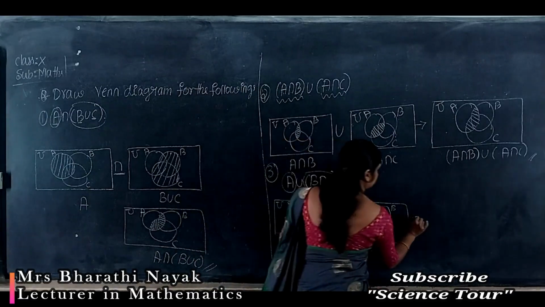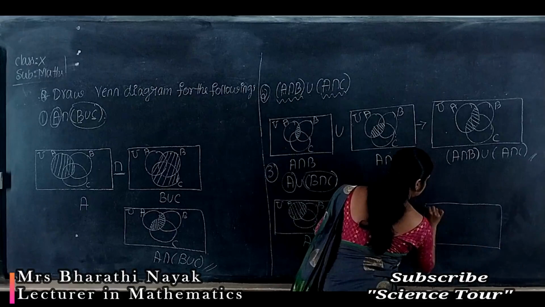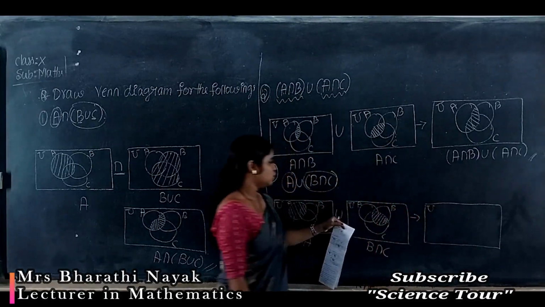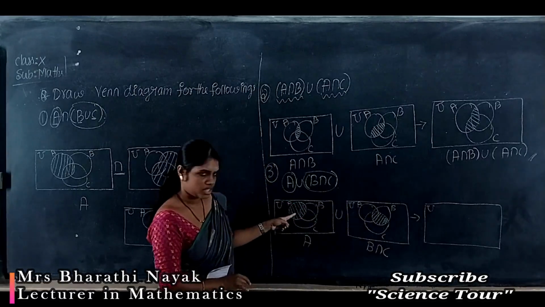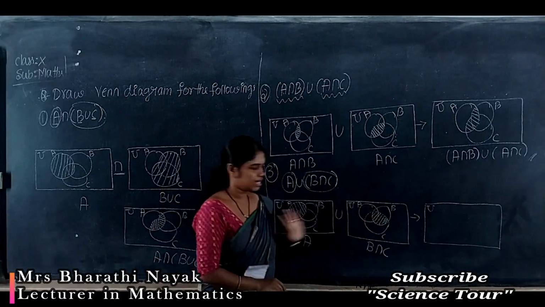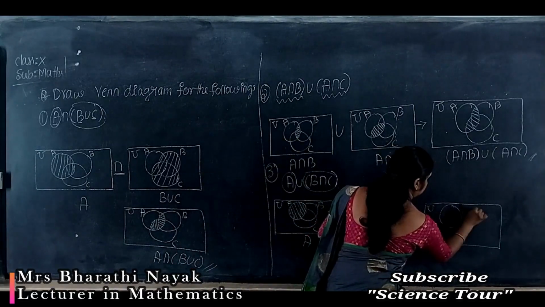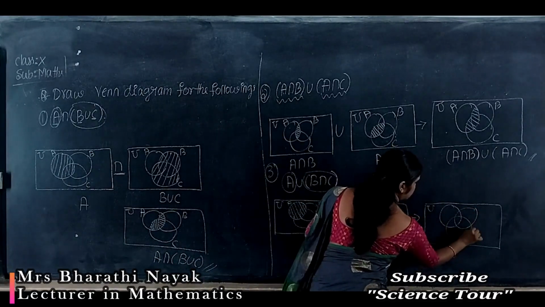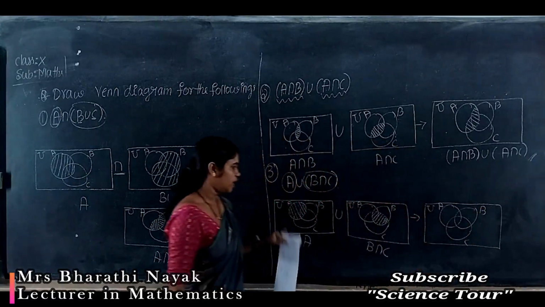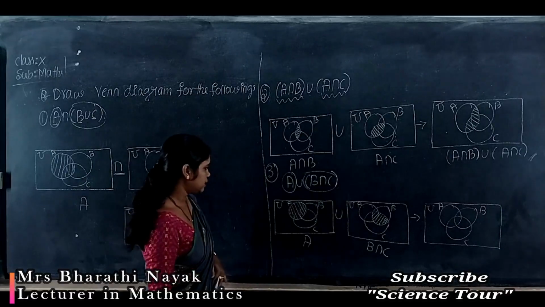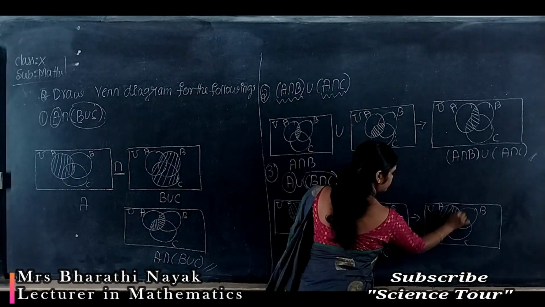Next I'll take the union. Union means what? Combine these two shaded regions, the first shaded region as well as the second shaded region. So this is your set A, set B and set C. This is A, this is B, this is C. Combine these two regions, what will you get? First set A is given.